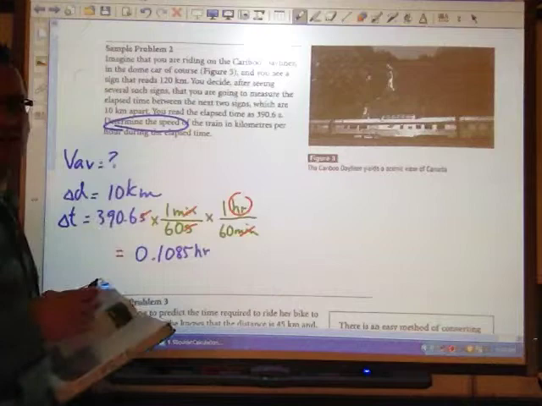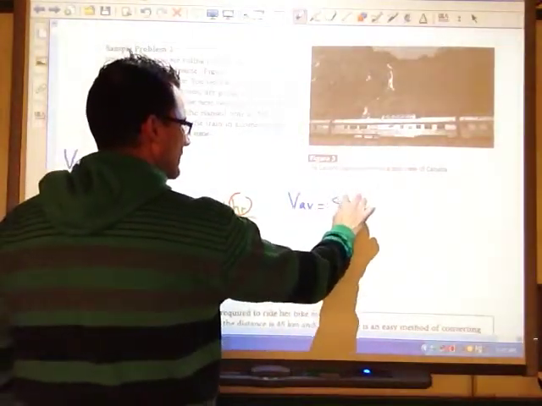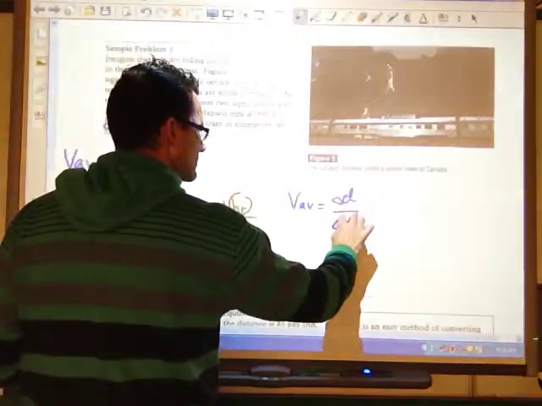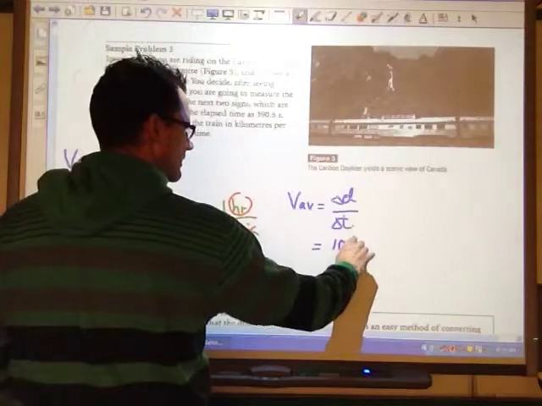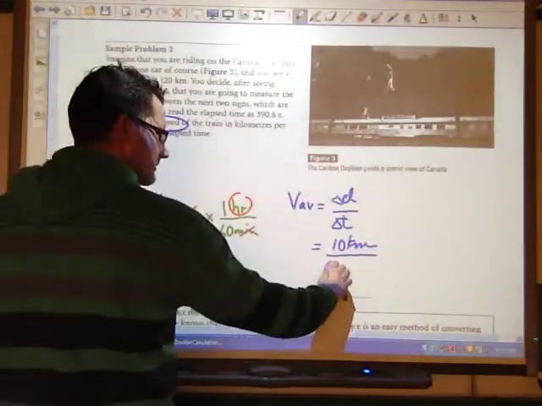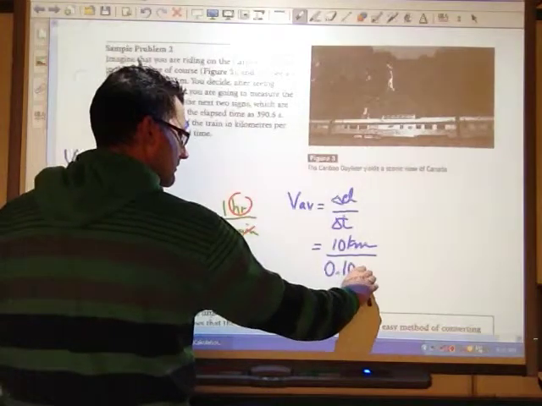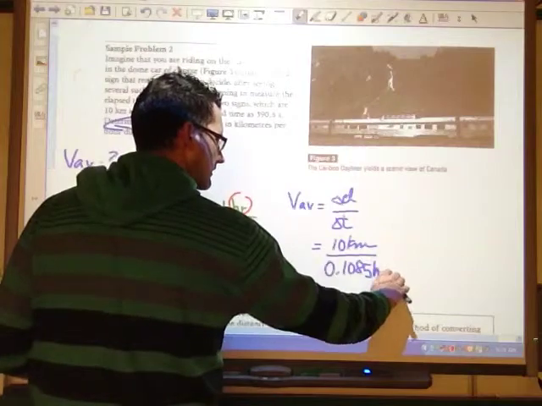And once again, we're asked to find V, so it's just the regular version of that formula. V average equals change in distance over change in time. So our change in distance, of course, 10 kilometers, and our newly determined time there, 0.1085 hours.